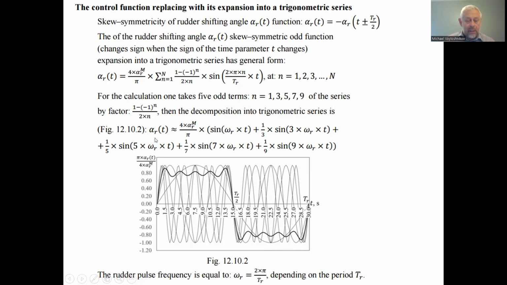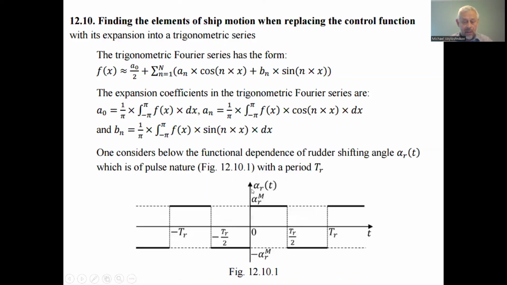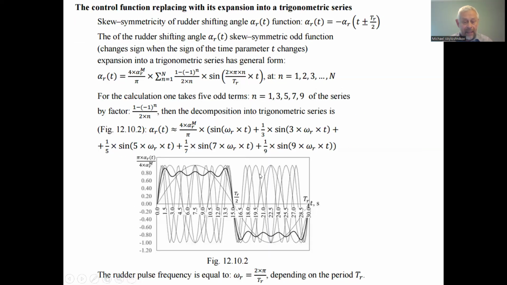And we can find the expansion for the first 9 terms. This expansion looks like the total, the factor for the total for the numbers of the expansion terms 1, 3, 5, 7, 9. We can find the expansion of the angle of the turning of the rudder is equal to the factor 4 divided by pi multiplied by the amplitude of turning of the rudder, alpha Rm, and multiplied by the sequence of the functions sine of the frequency of turning of the rudder.